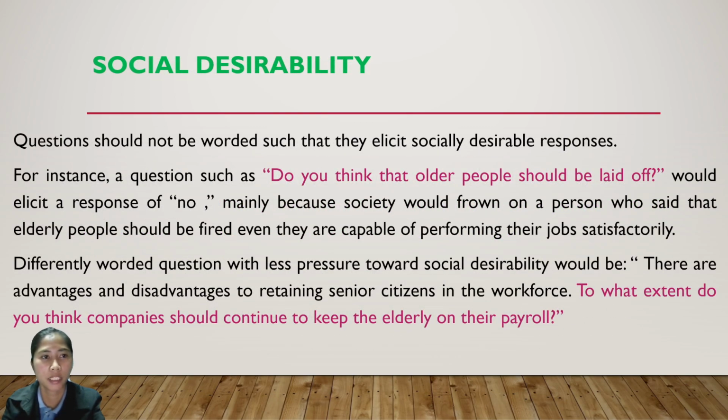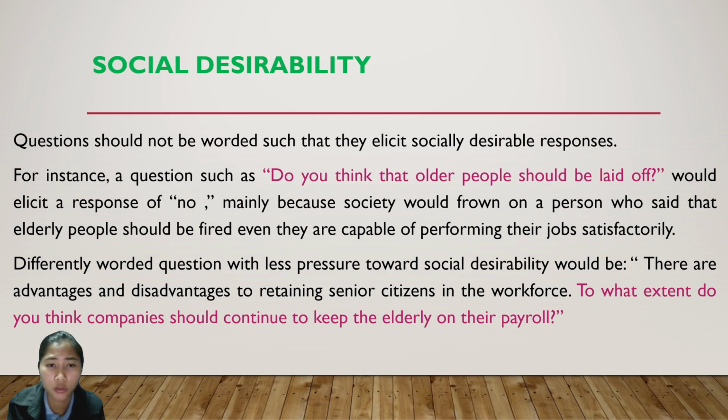Social desirability. Questions should not be worded such that they elicit socially desirable responses. For instance, a question such as, do you think that older people should be laid off? would elicit a response of no, mainly because society would frown on a person who said that elderly people should be fired even if they are capable of performing the job satisfactorily.